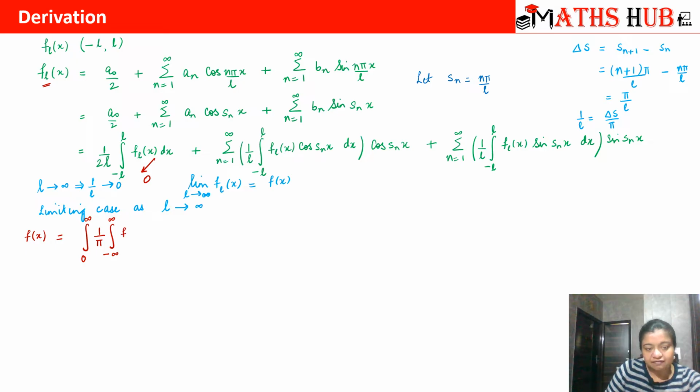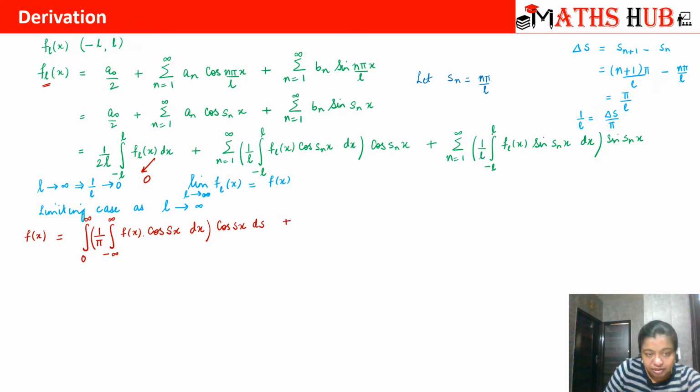Then the function f_L(x) will become f(x), and we have cos Sn x. In the limiting case, Sn will approach S, so we write it as cos Sx, then we have dx. You remember we have delta S by pi, so delta S will become ds now in the limiting case.